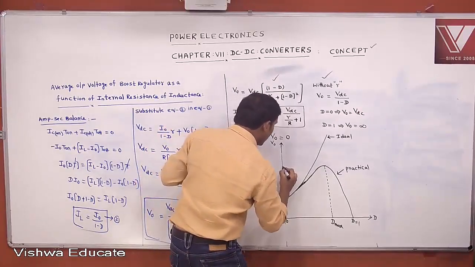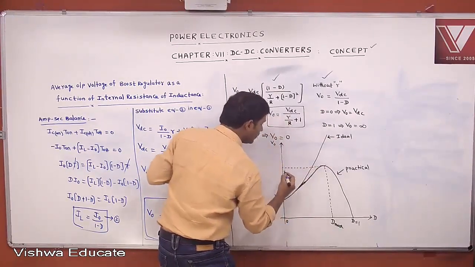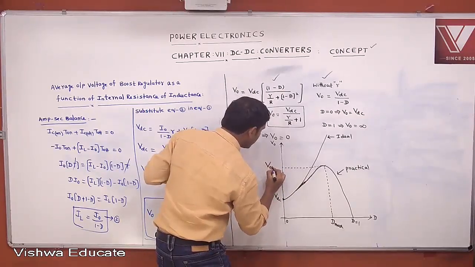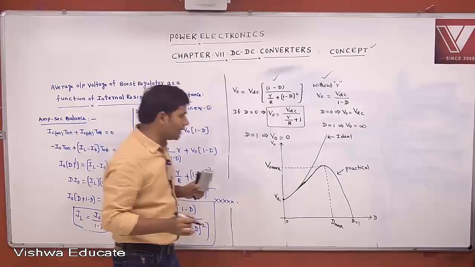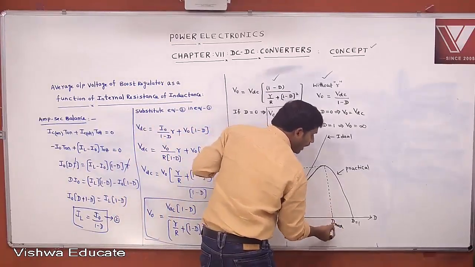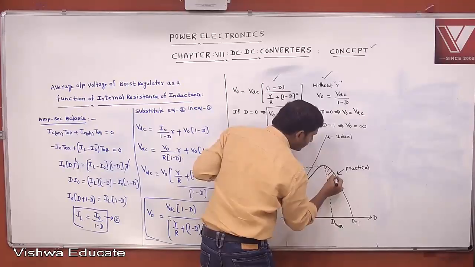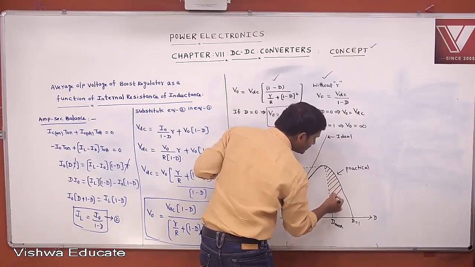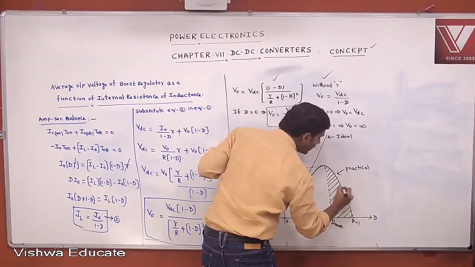Then this is V naught max. There is a maximum average output voltage in the practical case. Then again duty cycle is increasing, average output voltage is reducing. Then this is unstable operation.